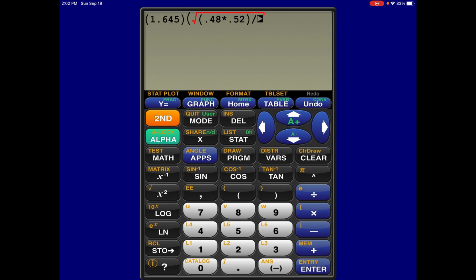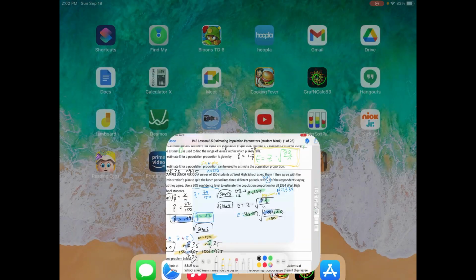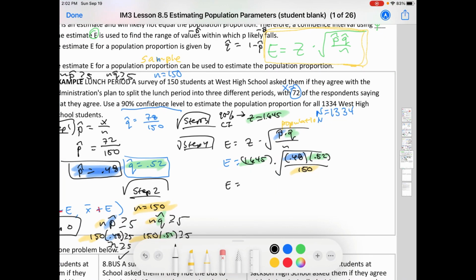Close the parentheses, divided by 150. And then I'm going to close the parentheses. That gives me a number of 0.07. E here represents 0.07.